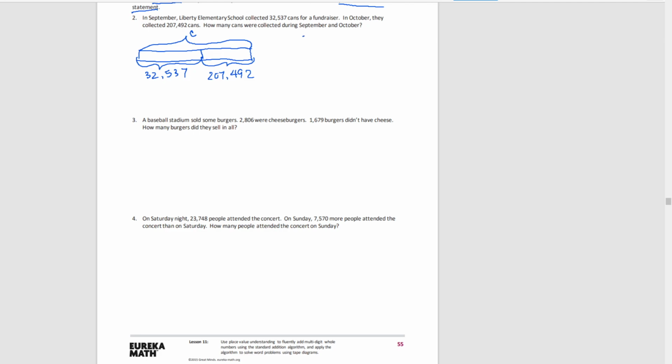So we're going to set this up vertically as an addition problem, making sure that we're lining up our units. And the easiest way to do that is to line up your commas. So we're going to add 7 ones plus 2 ones is 9 ones. 3 plus 9 is 12 tens. 5 plus 4 plus 1 is 10 hundreds. 2 plus 7 plus 1 is 10 thousands. 3 plus 1 is 4 10,000s and 2 100,000s.